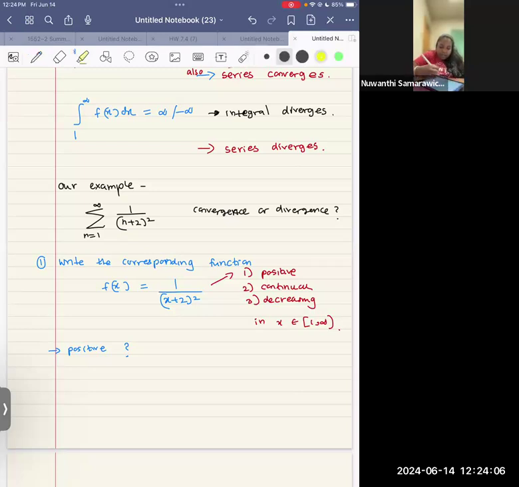Because of this square, you will always get positive values, except at what point? x equal to -2. Except when x is equal to -2, because x plus 2 is squared, your function is always positive.